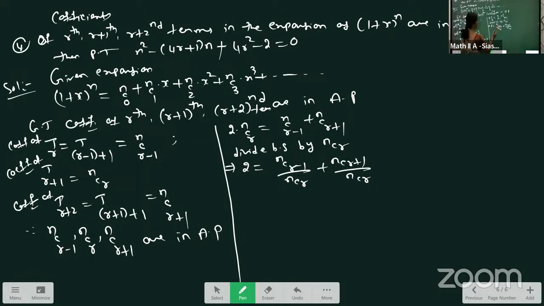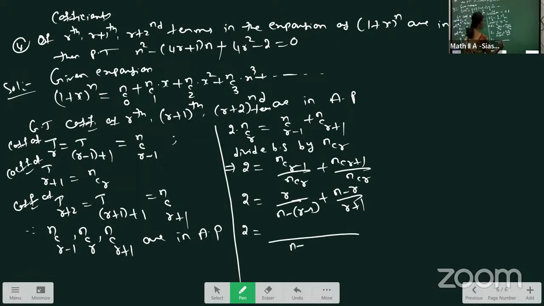What is the simplification of this? 2 equals r/(n-r+1) plus (n-r)/(r+1). Now taking LCM, 2 equals... and here cross multiply: r(r+1) + (n-r)(n-r+1).